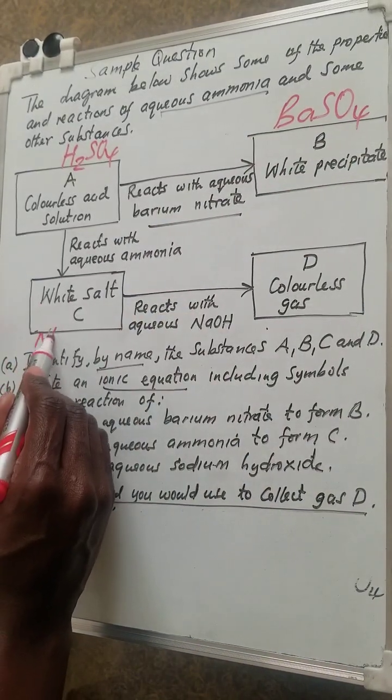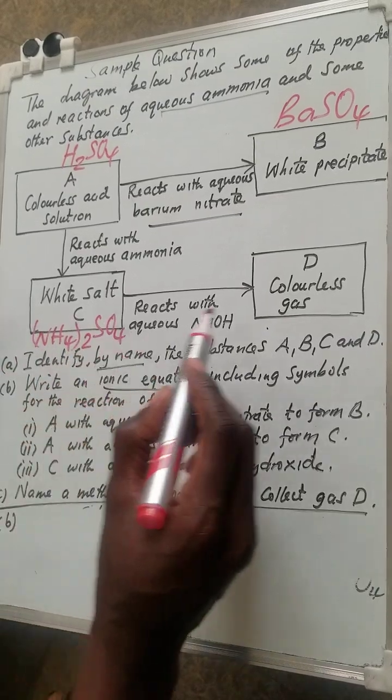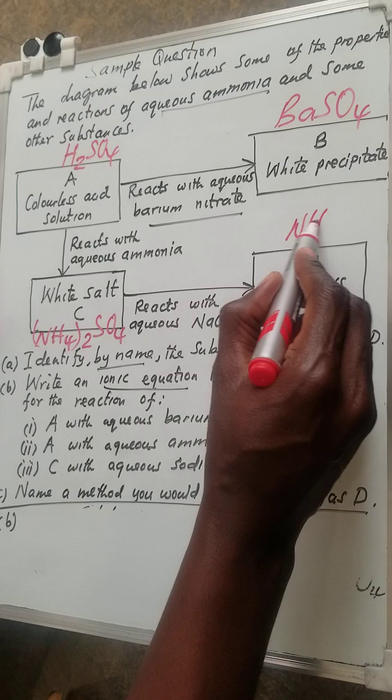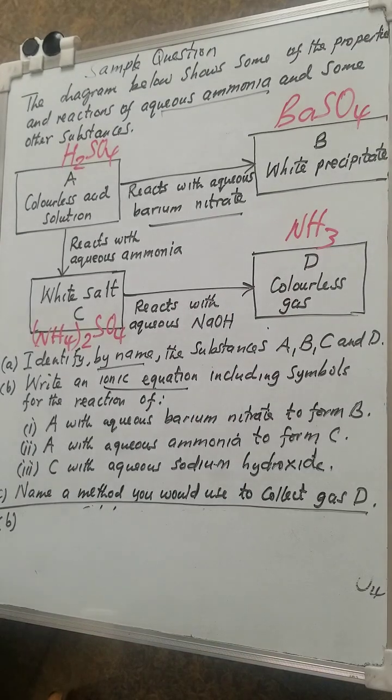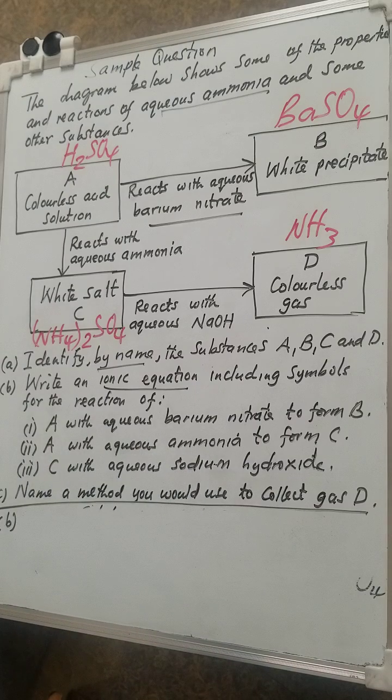Here we have ammonium sulfate, and there we have NH3, that is ammonia gas that is produced.